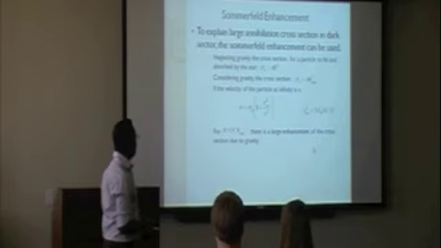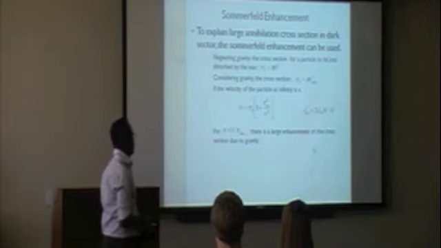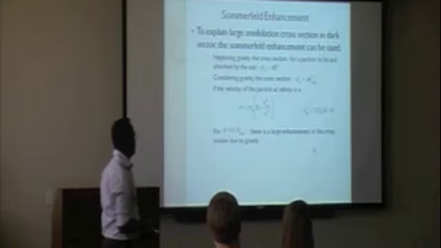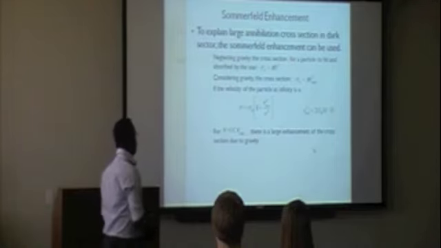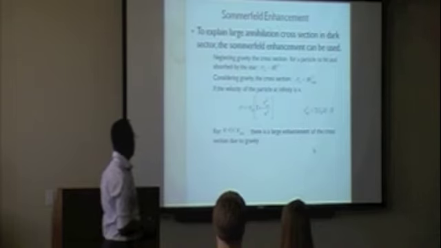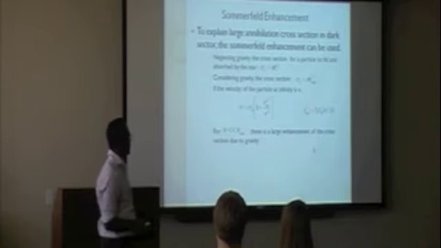But considering gravity, the cross section will be pi r squared times v max squared. Then we can calculate v max squared using energy conservation and angular momentum, and we can see the cross section in this equation. According to this equation, with a very low particle velocity, the cross section will be very high.